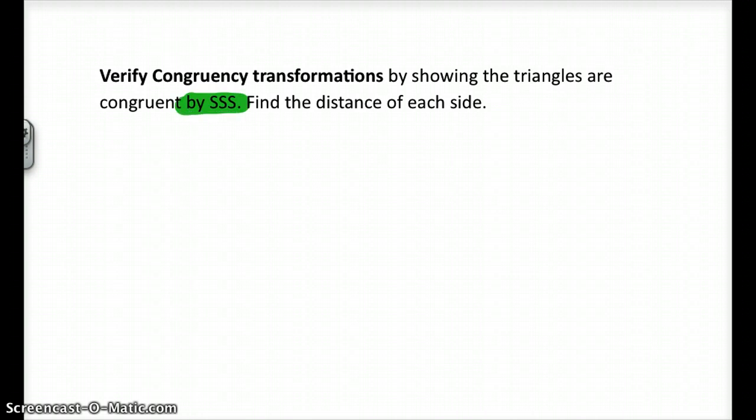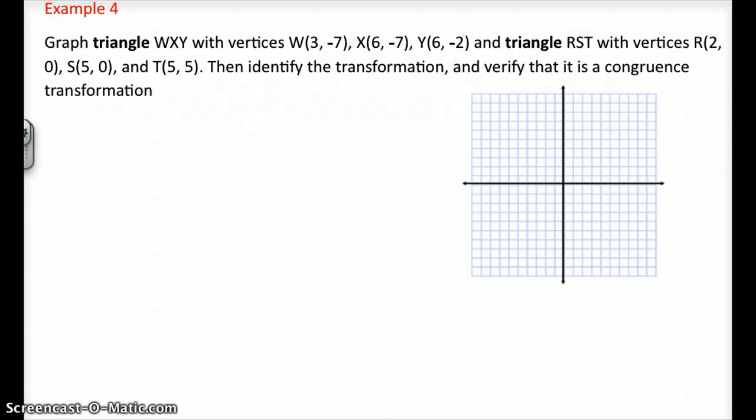I'm going to use my postulate SSS, and I'm going to use the distance formula. So let's take a look here. We have to graph triangle WXY, and then I have the vertices there, and then I have the triangle RST, and I have those vertices as well there. And then I need to identify the transformation, and then I need to verify that it is a congruency transformation.